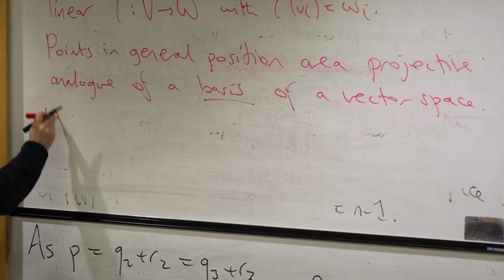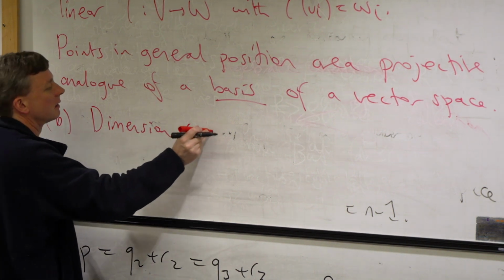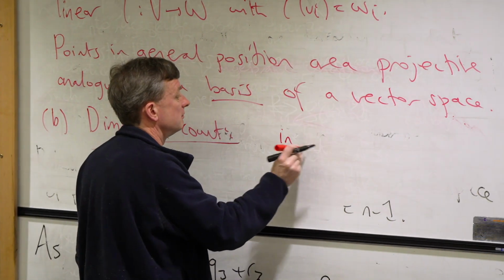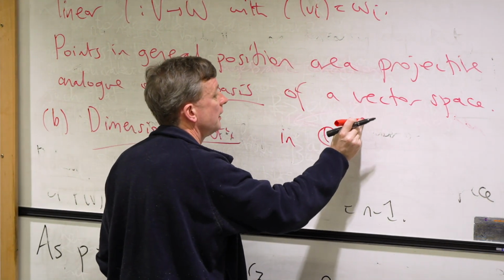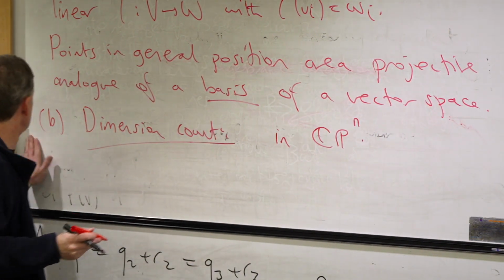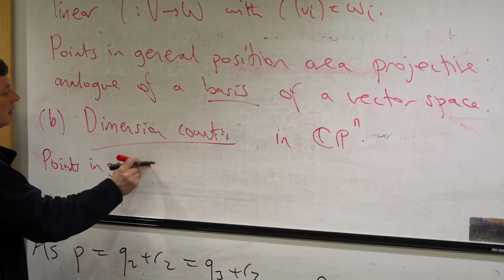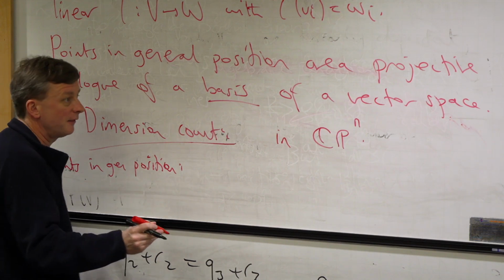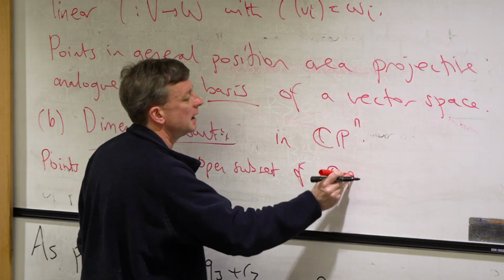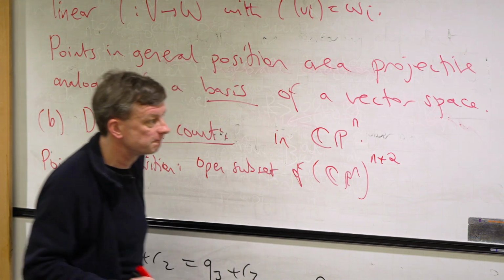A second remark is a dimension count. So let's say in CP^n, well, so points in general position basically form some open subset of CP^n raised to the power of n plus 2.